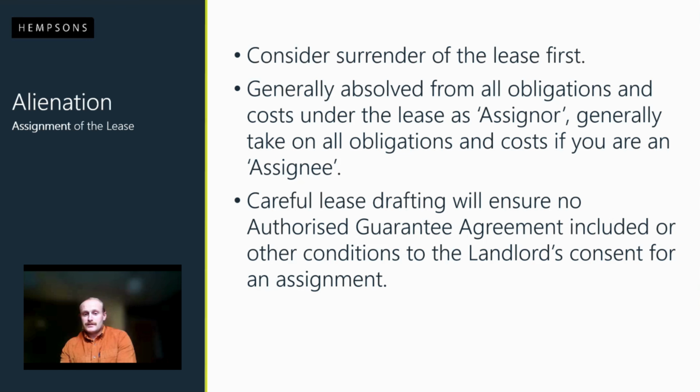An assignment will usually be effected by a license to assign, which sets out the outgoing and incoming tenant, references the lease which it relates to, and essentially documents the changeover of the lease, and mainly the consent of the landlord to this assignment taking place.